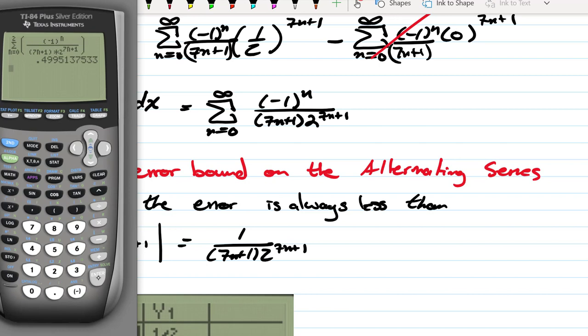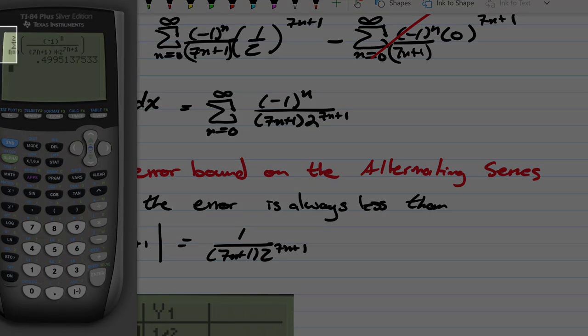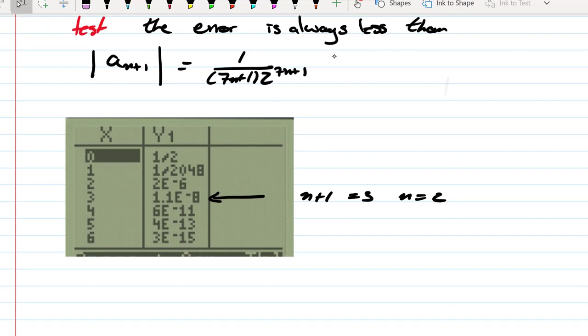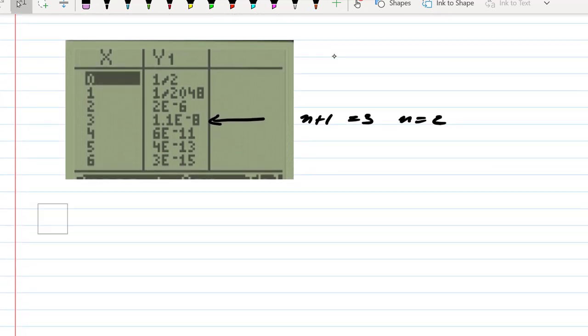And we get this value. So 0.499517, blah, blah, blah, blah. And that would be the sum of our series with the desired accuracy.